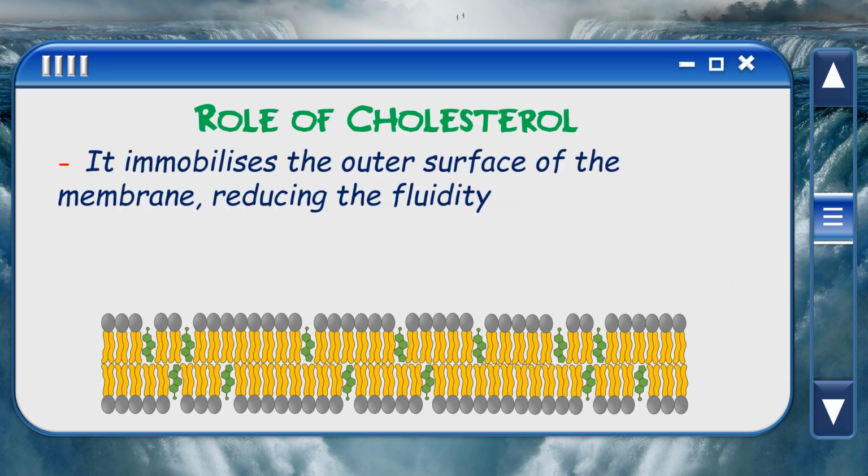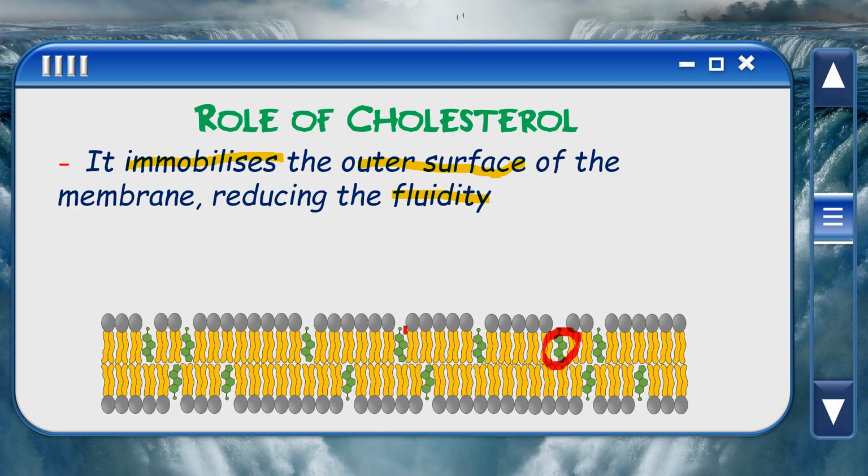It immobilizes the outer surface of the membrane, reducing its fluidity. So when it is placed inside the phospholipid tails, it prevents the formation of kinks because it squeezes itself between the tails.